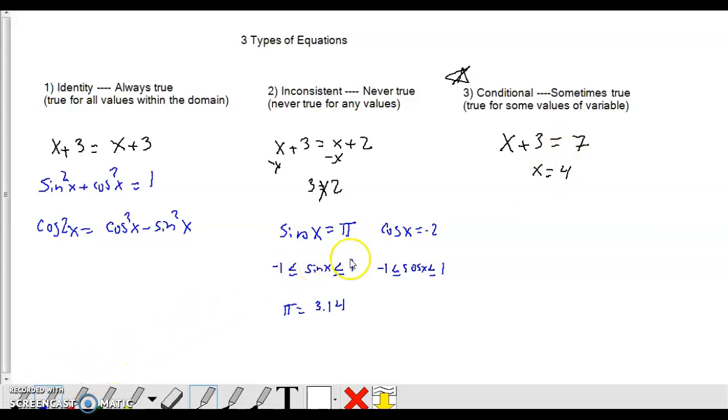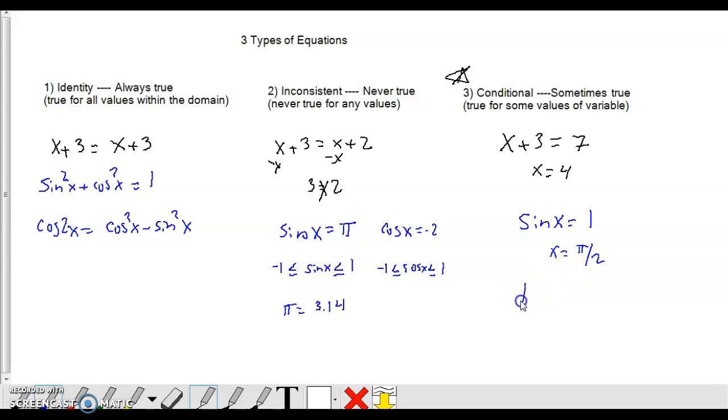So all of our problems here are going to be in this region. Say I have sine of x is equal to 1. Well, x is going to equal pi over 2, or 90 degrees. Again, we're going to assume it's always radians unless specified.